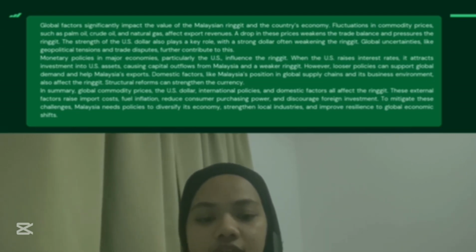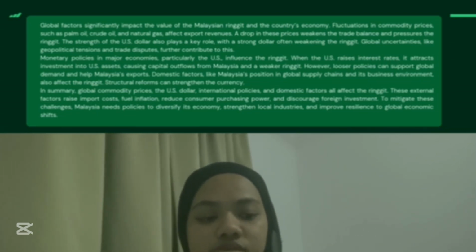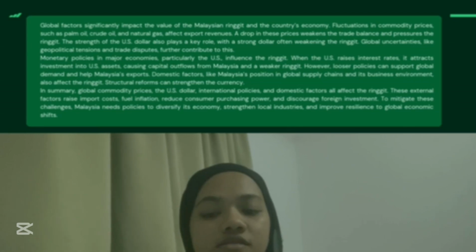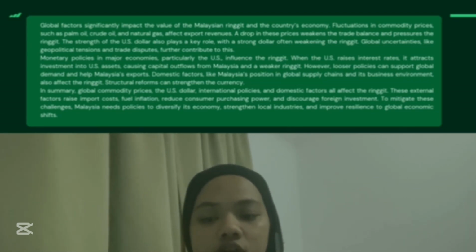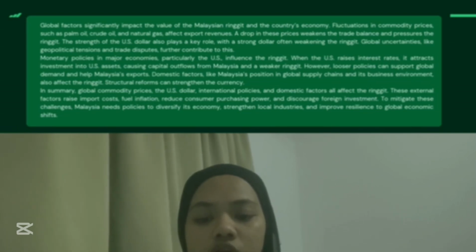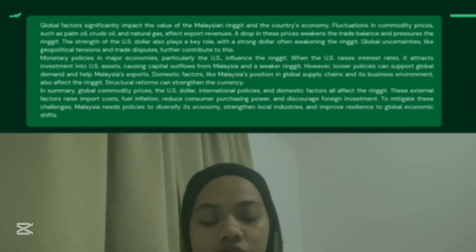Domestic factors like Malaysia's position in the global supply chain and its business environment also affect the ringgit. Structural reform can strengthen the currency. In summary, global commodity prices, the US dollar, international policy and domestic factors all affect the ringgit.